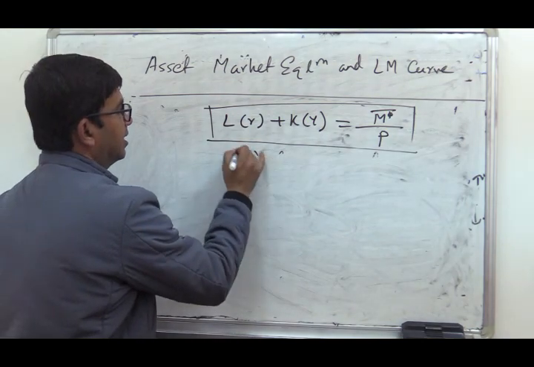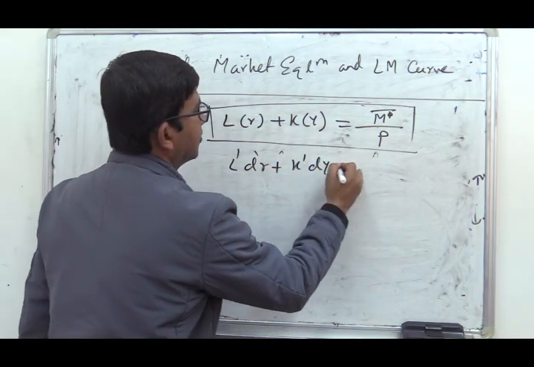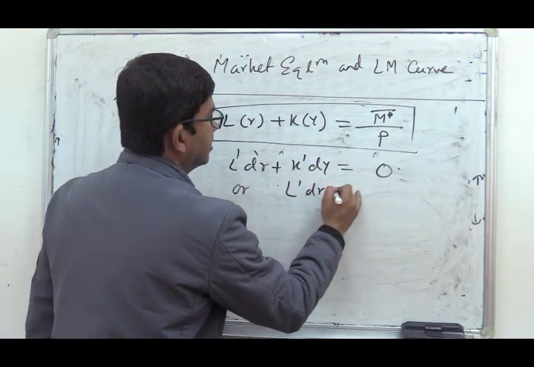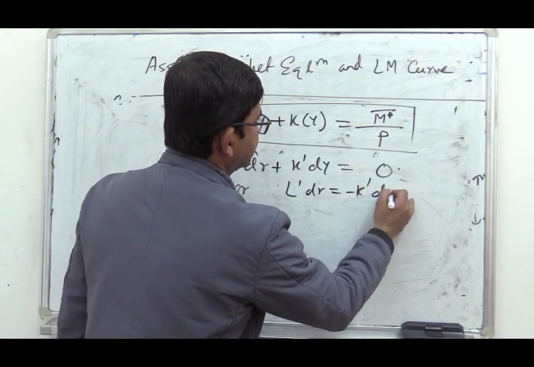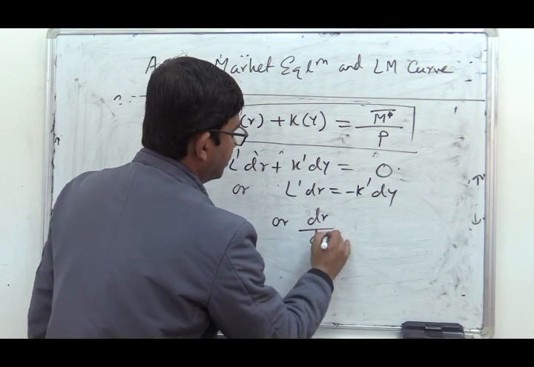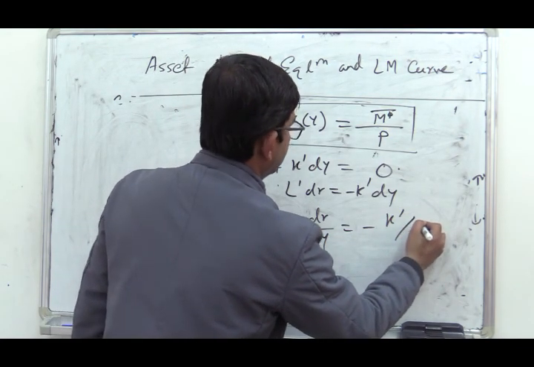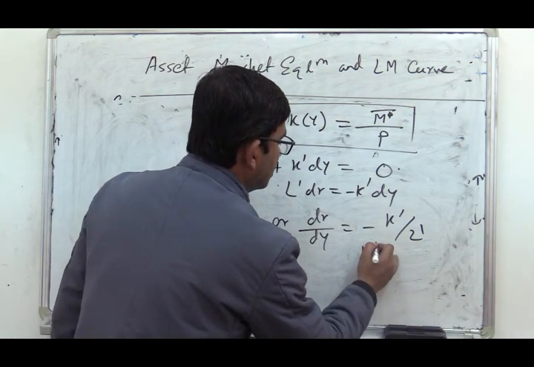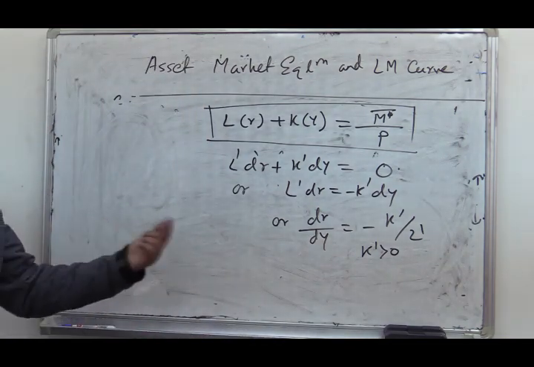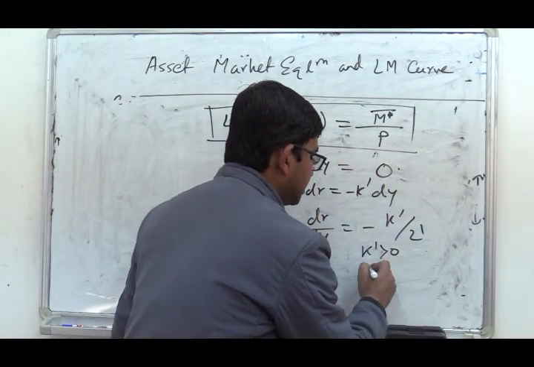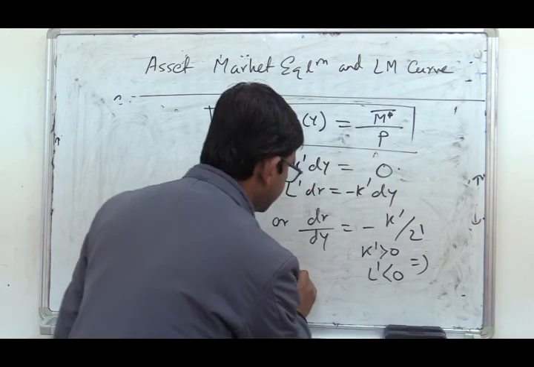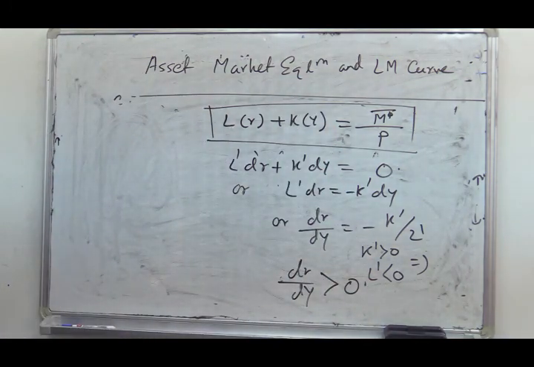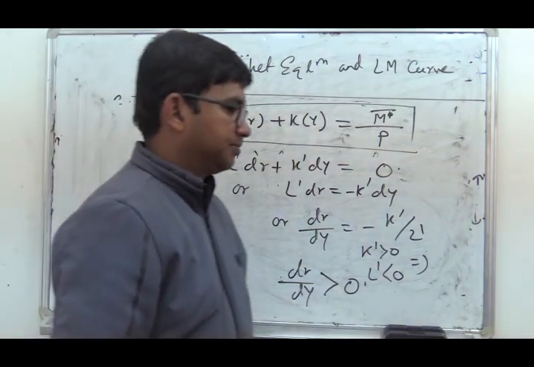So we can write that L' dR plus K' dY equals 0, or L' dR equals minus K' dY, or dR by dY equals minus K' by L'. So K' is greater than 0, because we know that if demand rises, demand for money will rise, and L' is less than 0, that implies dR by dY will definitely be positive. So the LM curve will be upward sloping.